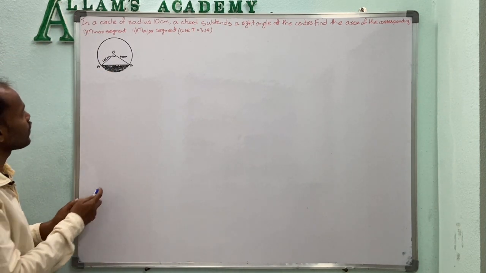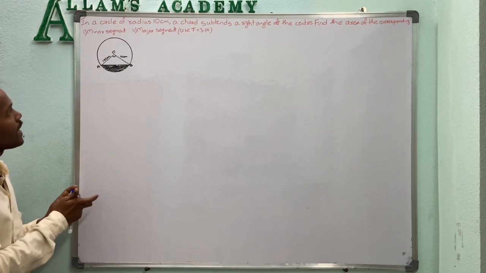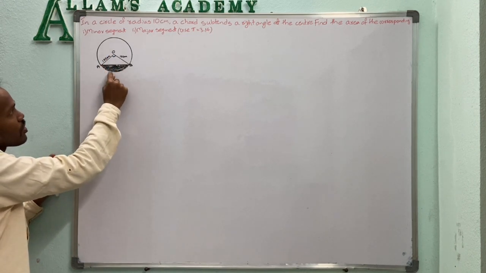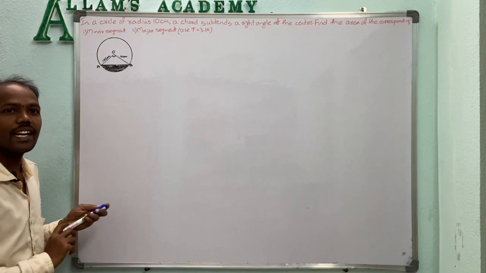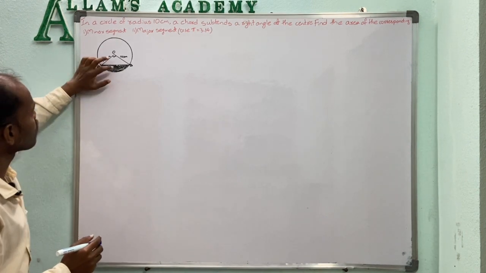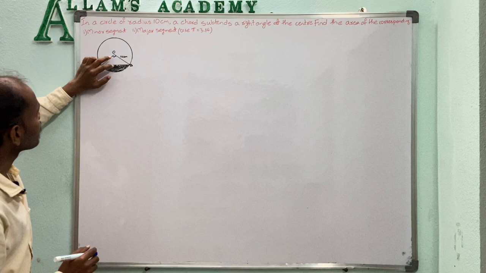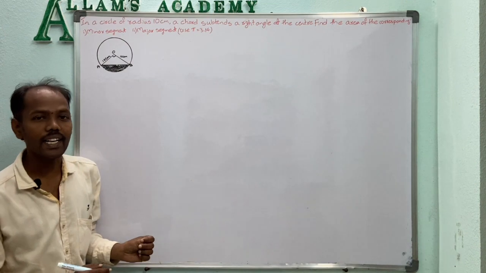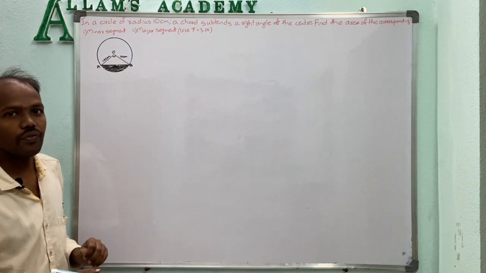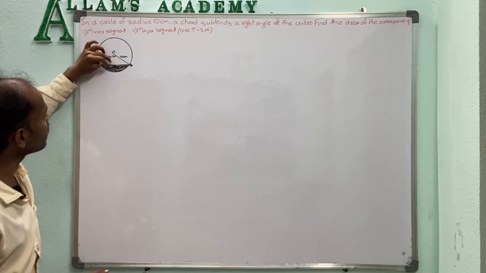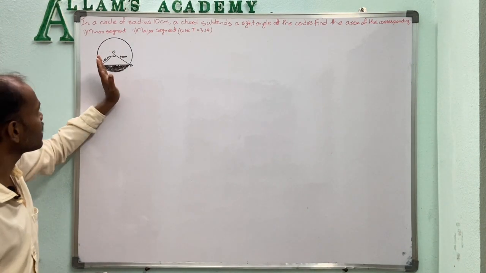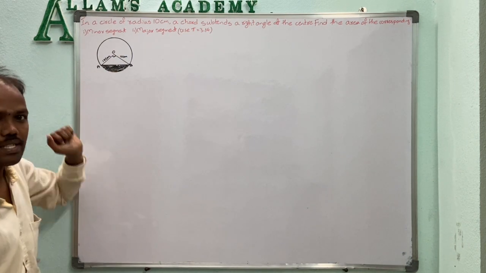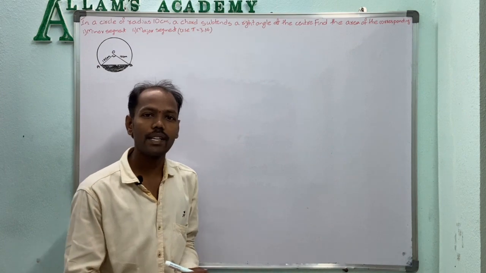So first we want to find the minor segment area. For this purpose, first we want to know about this total area, which is nothing but the sector. So we have to find the area of the sector. After that, OAB is nothing but a triangle, and we also want to find the triangle area. So after finding the triangle area and the sector area, subtracting the triangle area from the sector area gives the minor segment area.